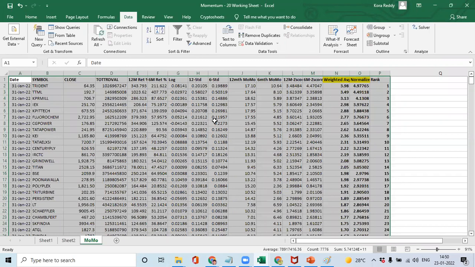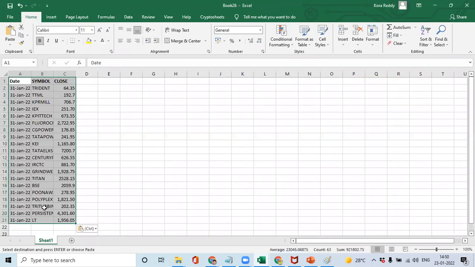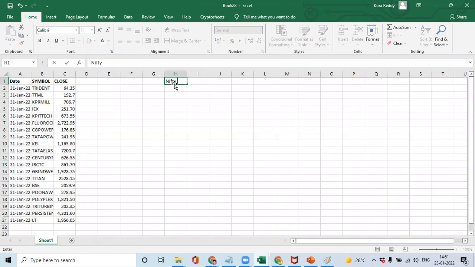So this is your portfolio. These stocks, if you want to do a momentum, or if you want to announce a momentum like this, so this becomes your proprietary index, monthly rebalance, or whatever you want.